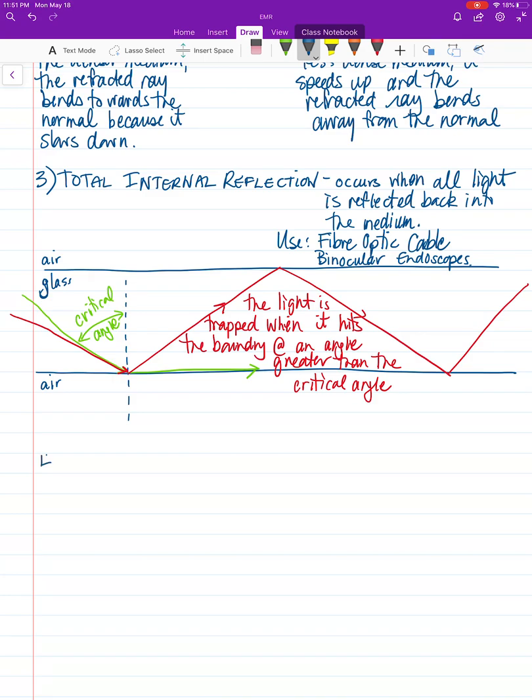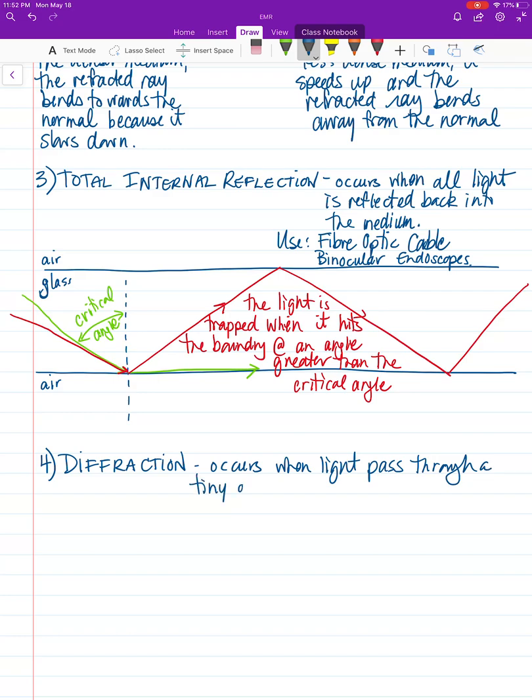Okay, our fourth and second last property is diffraction. Diffraction occurs when light passes through a tiny opening.